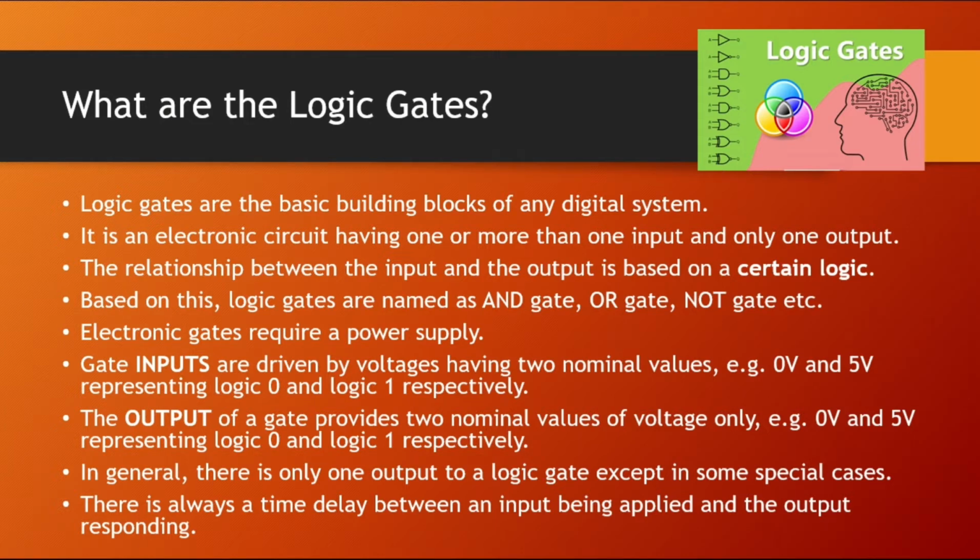In general, the output that logic gates give is one bit, but in special cases multiple output bits can be produced by such gates. One thing to note here is that there will always be a time delay between the inputs given and the output produced. So this is how the logic gates can be studied.